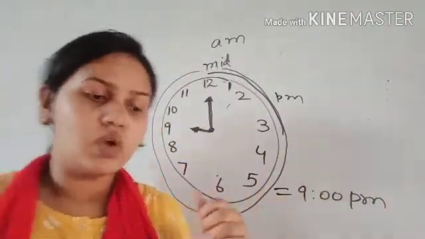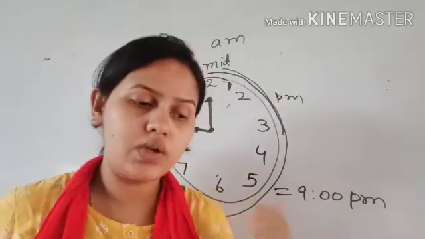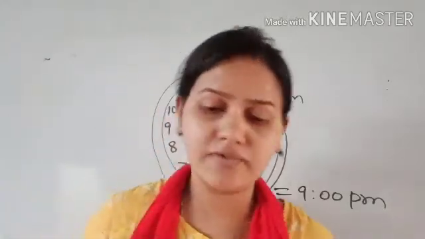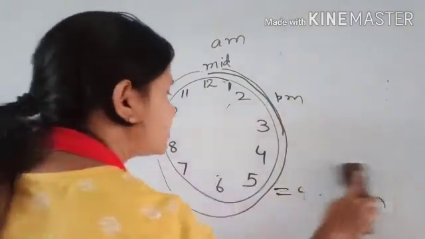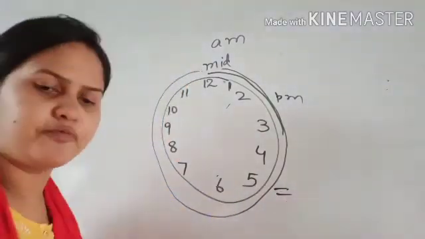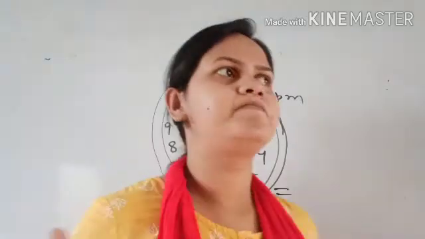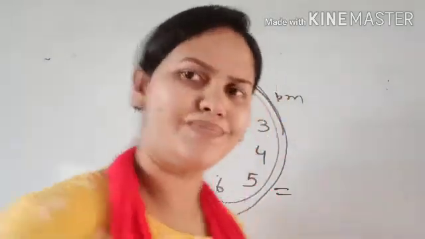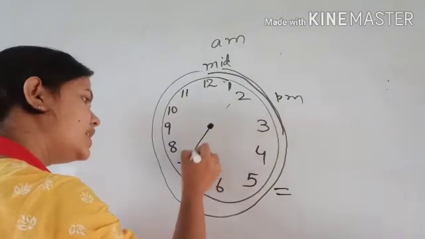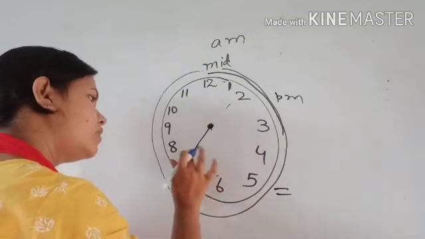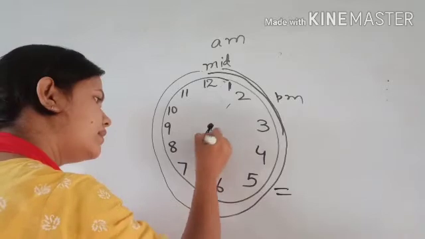Now at which timing do you do your homework? At which timing are you doing your homework? Hope so at 5. Take it as 7 PM. So how do we have to show 7? Take a 7 on the clock, right?